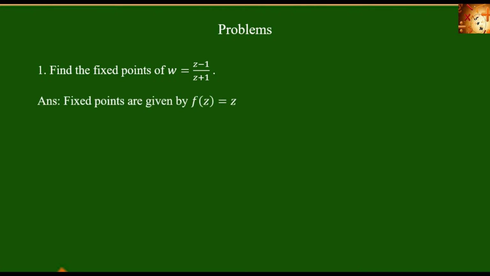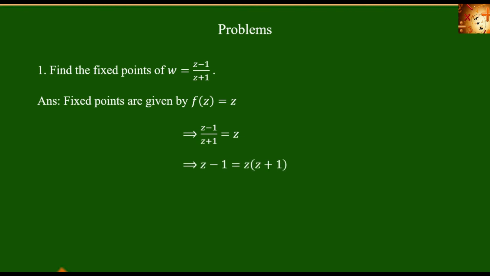Moving to the problems. Find the fixed points of w equal to z minus 1 divided by z plus 1. Here the function is f of z equal to z minus 1 divided by z plus 1. The fixed points are given by f of z equal to z. So substitute: z minus 1 divided by z plus 1 equal to z.